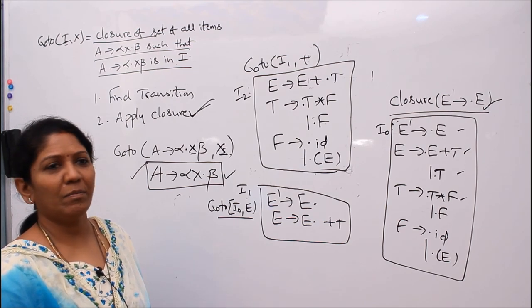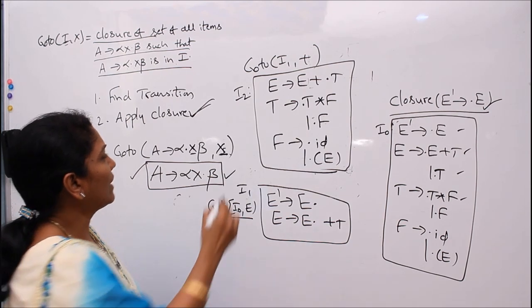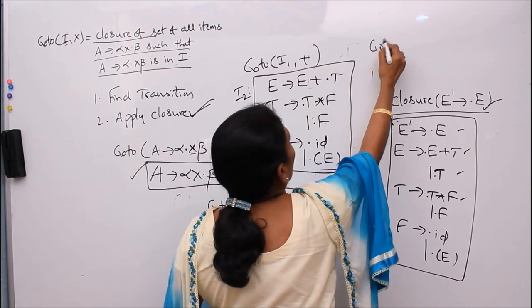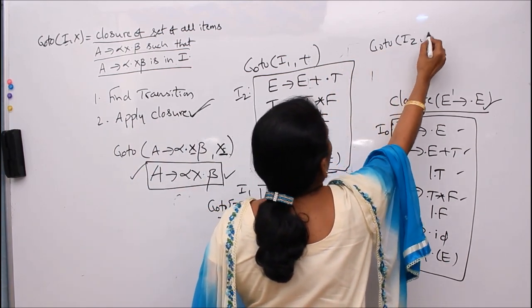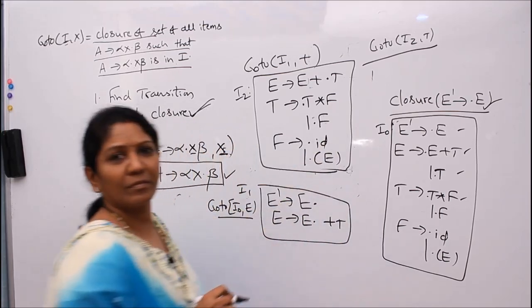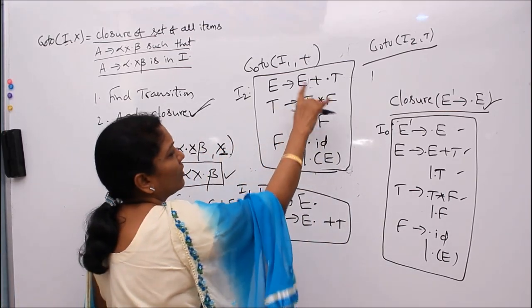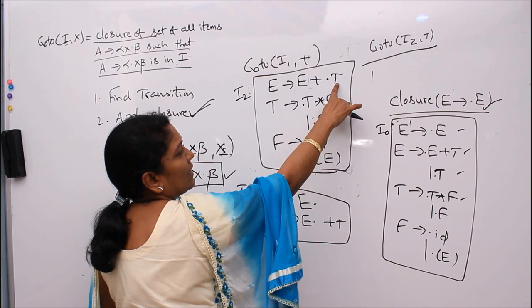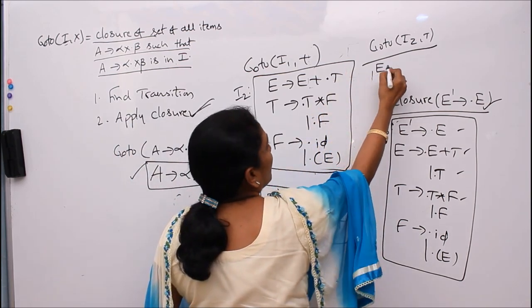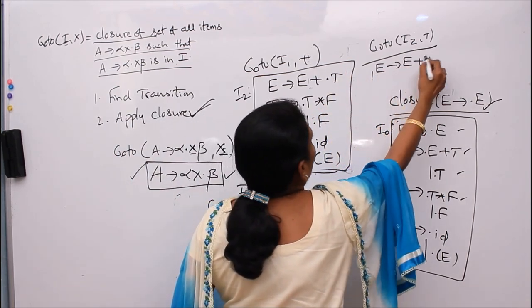Okay. Now let me end by taking one more example: find out goto of I2 on T. Find the transition. So for T there is a matching: E to E plus T dot.